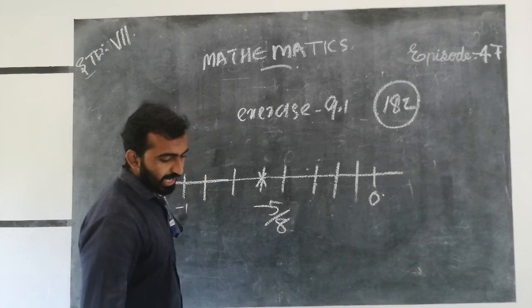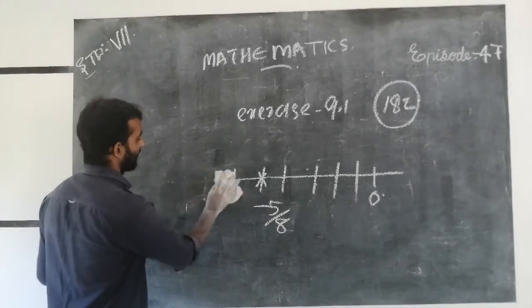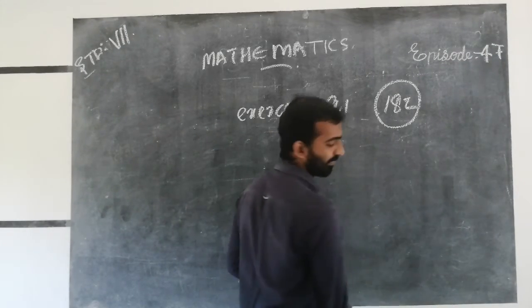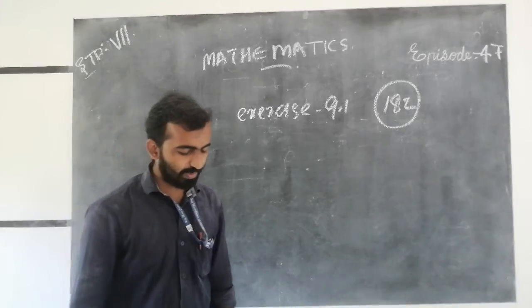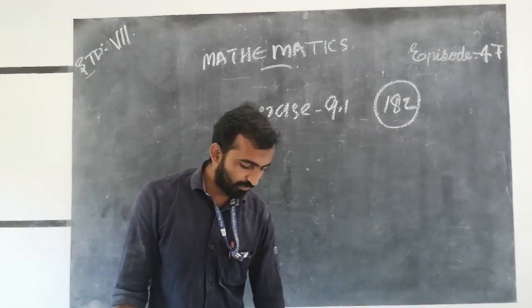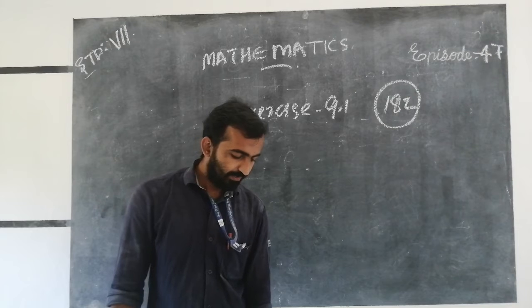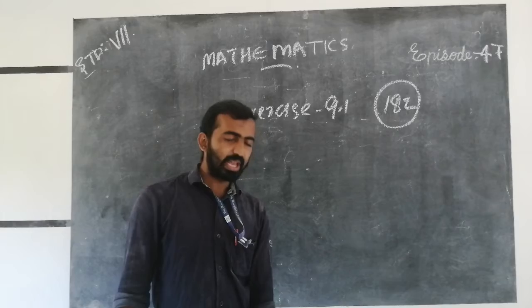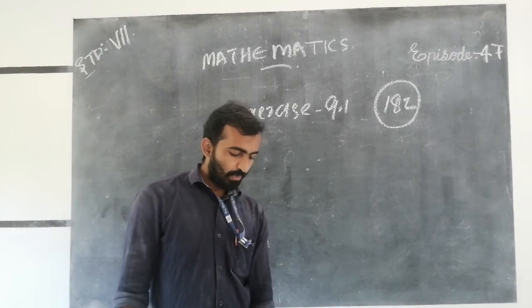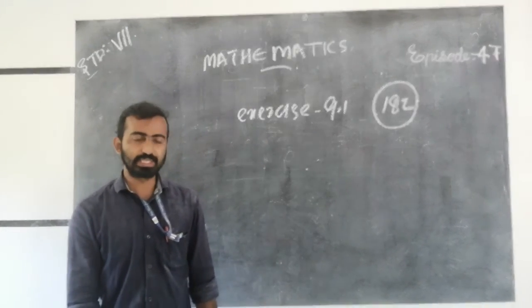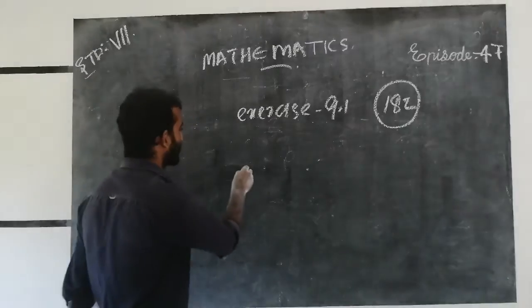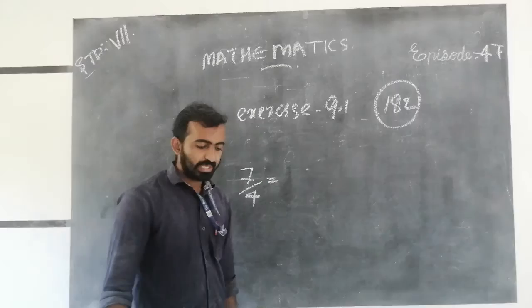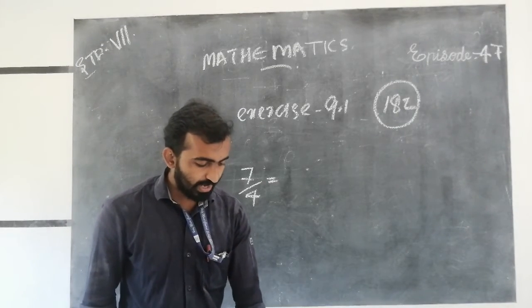Next, we want to find negative 7 by 4. Negative 7 by 4 we can write as negative 1 minus 3 by 4.